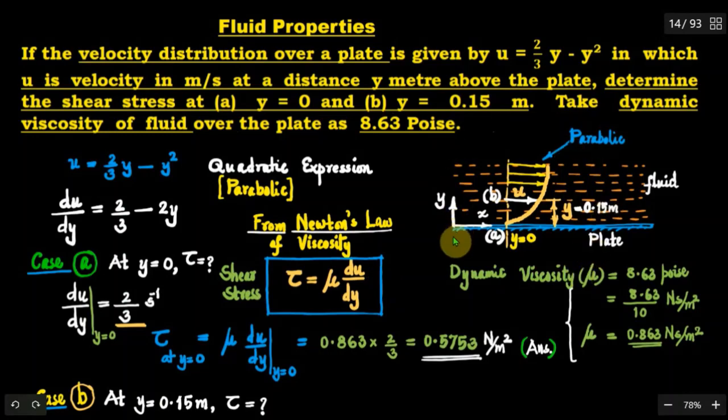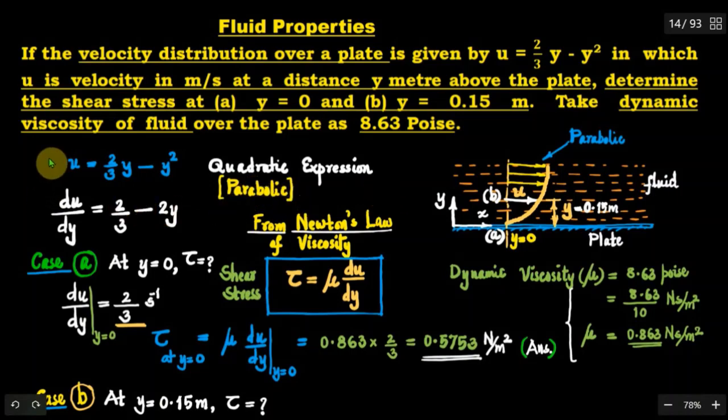Consider this diagram. We have already considered this kind of velocity distribution when we discussed the fluid property in the previous lecture. Now consider the given velocity distribution over the plate. u is equal to 2/3 y minus y square. This is a second degree expression which we call a quadratic expression.